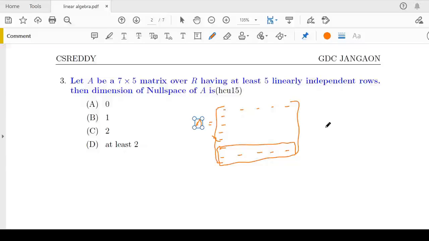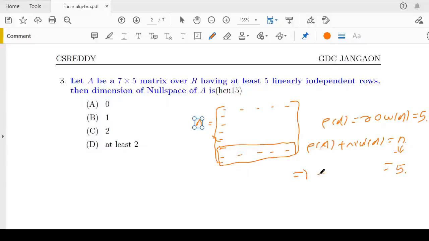Therefore, it means that the rank of A, or the row space of A, is equal to 5. Therefore, by the rank nullity theorem, the rank of A plus the nullity of A is equal to n, where n is the number of columns of the matrix A. Here the number of columns in A equals 5.